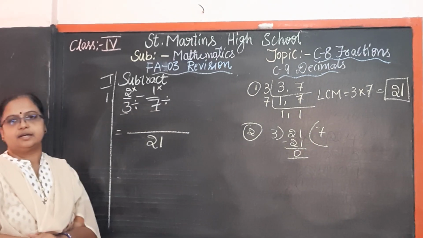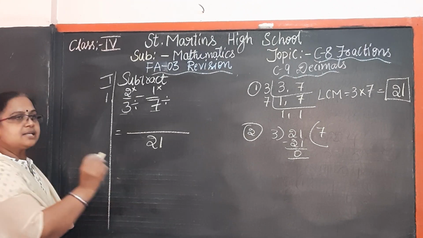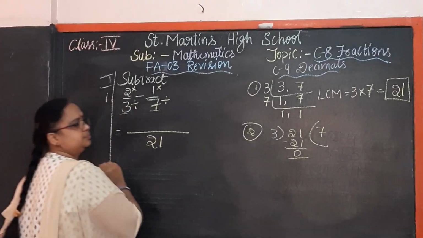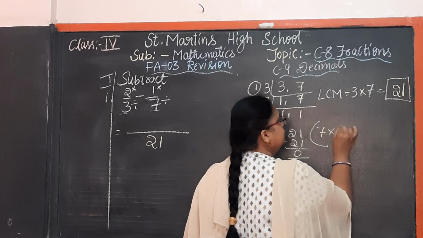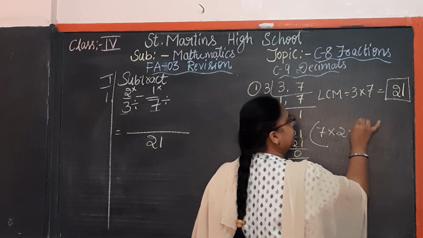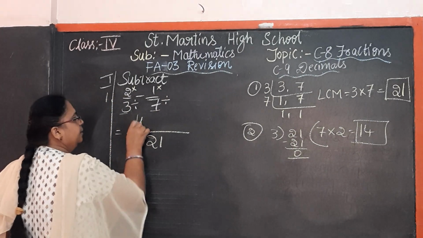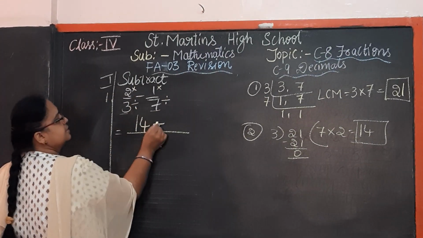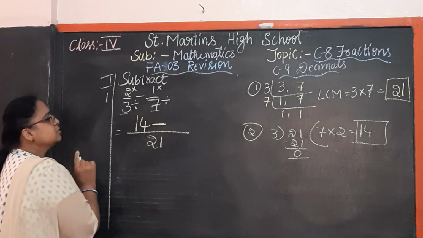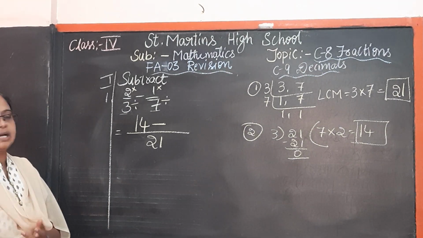What did we get as the answer? We got 7. That 7 should be multiplied by 2. 7 twos are 14. The second step, we got 14. Let us write here and subtract. This is subtraction, so we are writing the subtract sign.